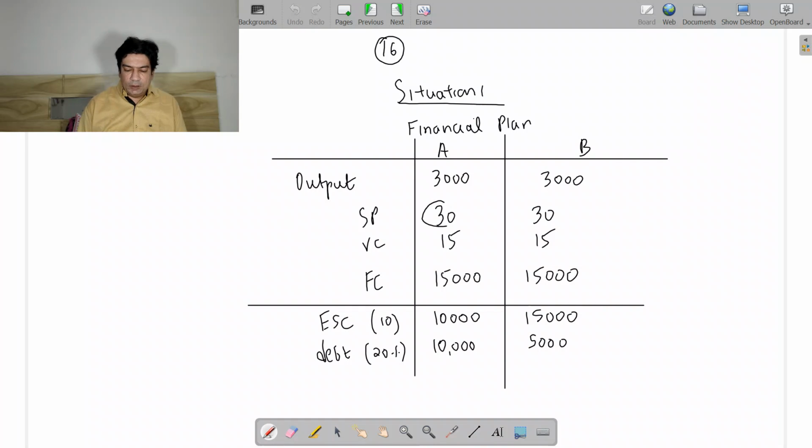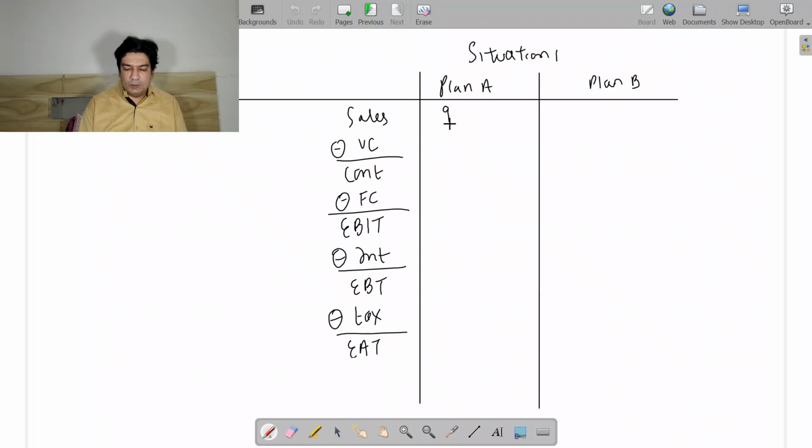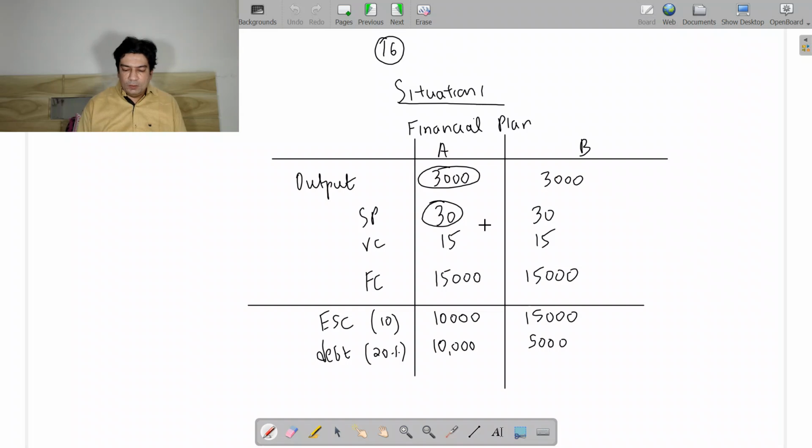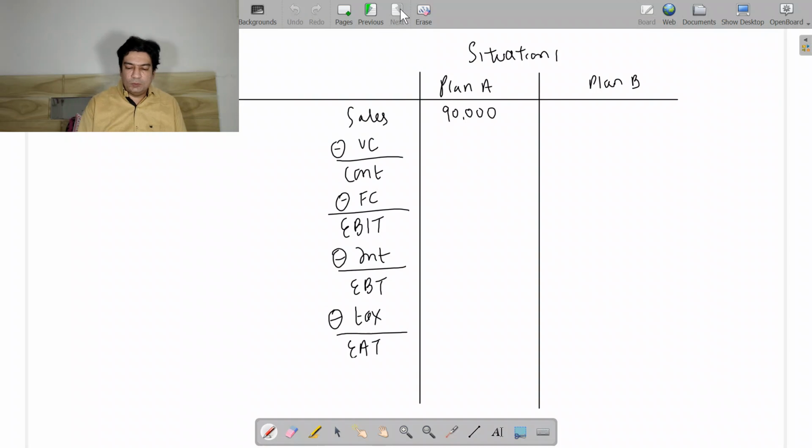Now 30 rupees is your selling price and 3000 is your output. So 30 into 3000, so 90,000 is your sales, and here also 90,000.